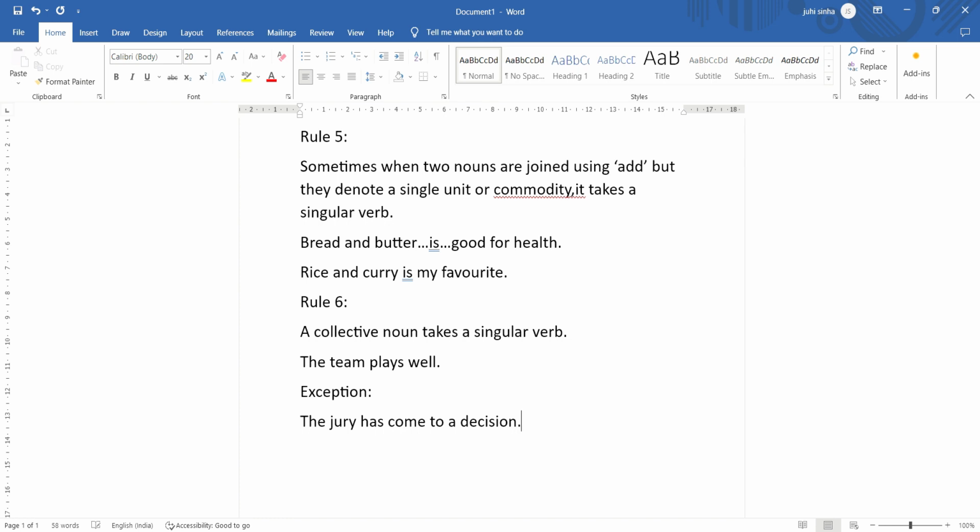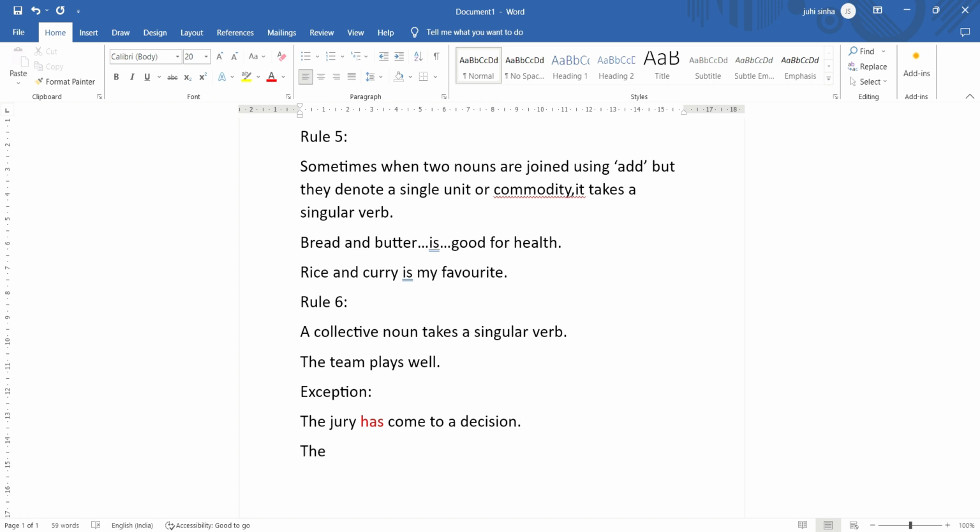Now in this sentence, the verb which is used with jury is has, because as we can see, the jury has come to a decision, a unanimous decision. Together they have decided something. So they are acting like a team. So that is why here it is has.